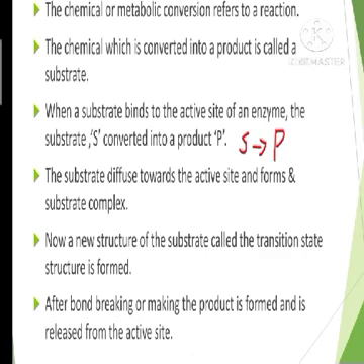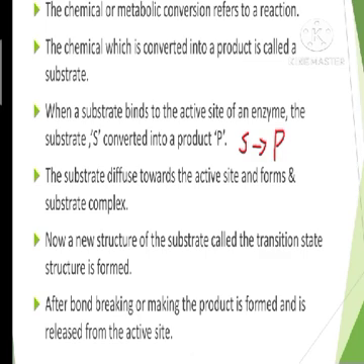We cannot say immediately the substrate will be converted into a product. In between that, various intermediate structural states will be formed, and at last a stable product will be formed. All the intermediate structural states are unstable because they will be having high energy and they are short lived.